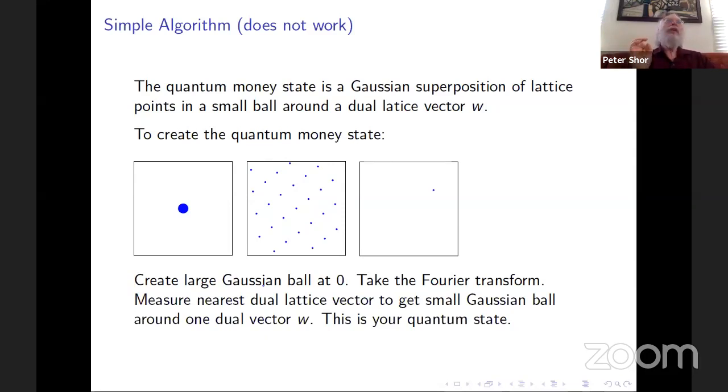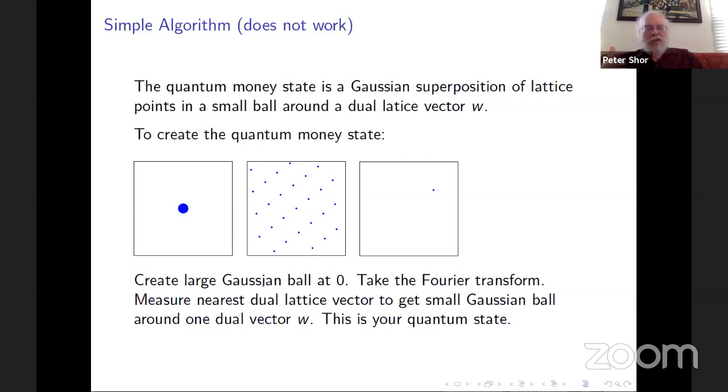And now you can use bounded distance decoding to find the nearest dual lattice vector, because these dual lattice vectors are very sparse. So almost all the amplitude in this Fourier transform, which is these small Gaussian balls around each dual lattice point, is close enough to the lattice point that the bounded distance decoding will work.